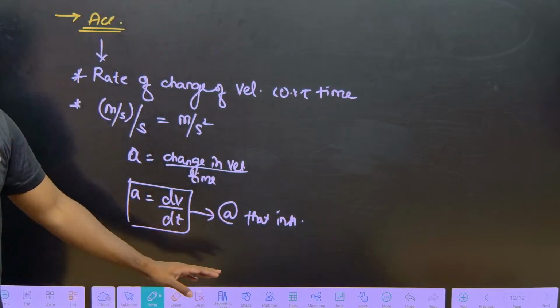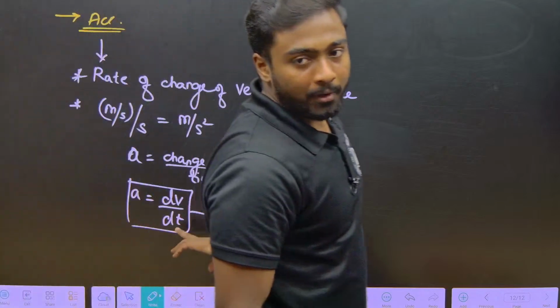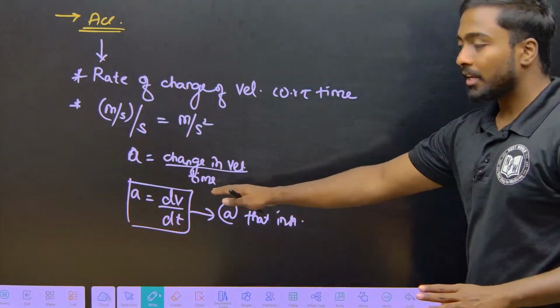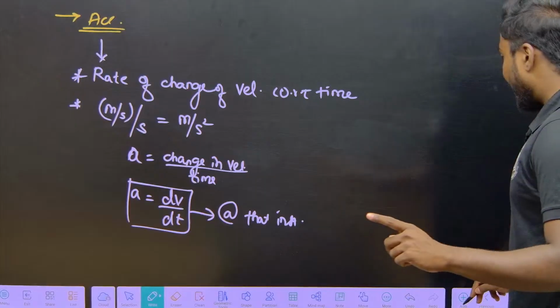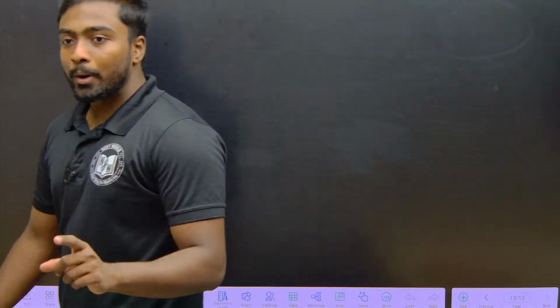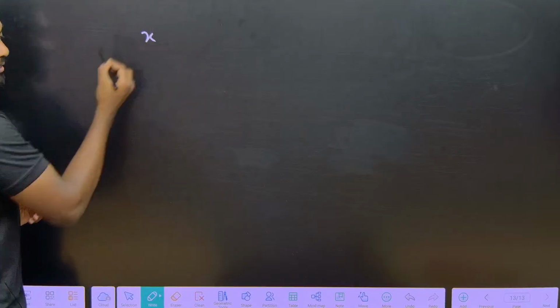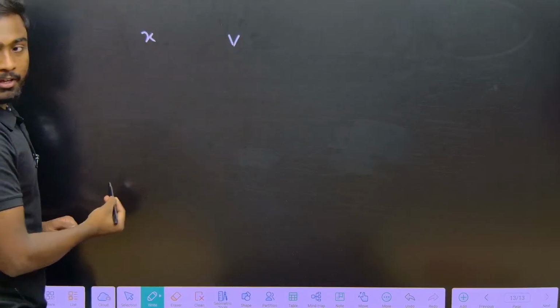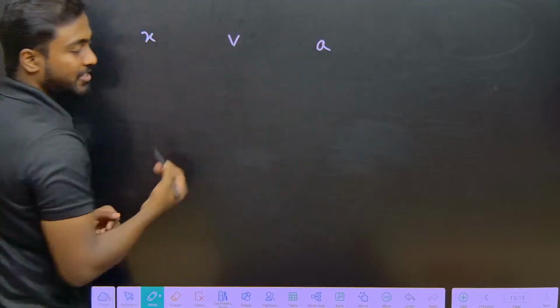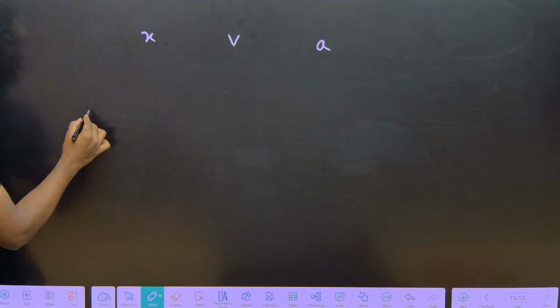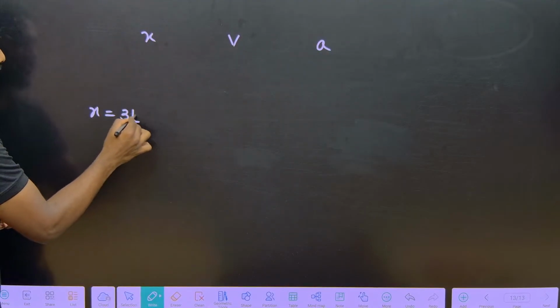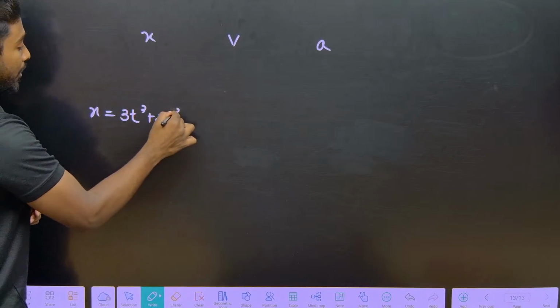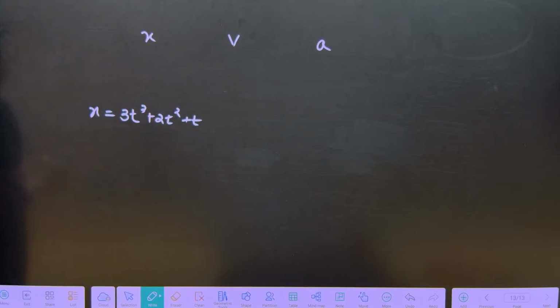So one more trick I will say here: when position is given and they are asking about acceleration, position is x, v is velocity, a is acceleration. The equation will be given, like x is equal to 3t cube plus 2t square plus t.